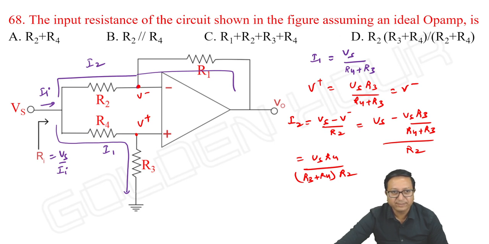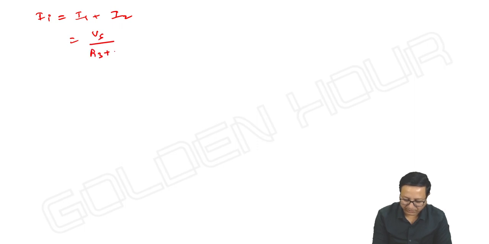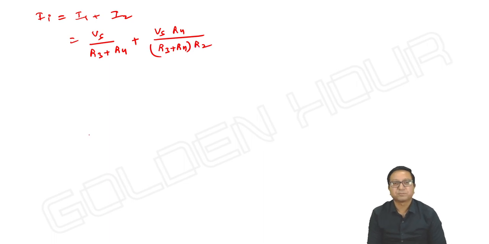Then we can write the value of Ii. Then Ii is equal to I1 plus I2. I1 is Vs by R3 plus R4, plus I2 is Vs into R4 by R3 plus R4 into R2.